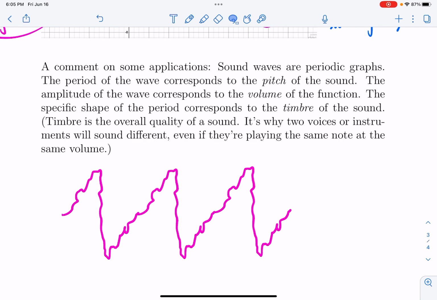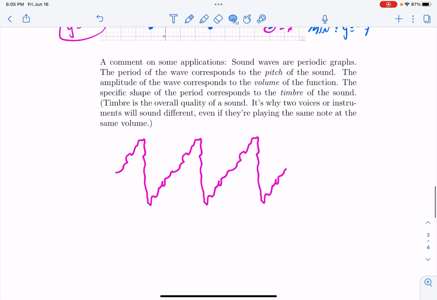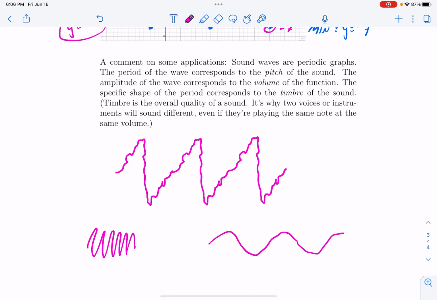And different components of this graph correspond to different things that we would hear. So the period of the wave corresponds to the pitch. If you have a shorter wave like this versus a longer wave like this one, it will have a higher pitch. So the period of the wave is related to whether it sounds very high or very low.